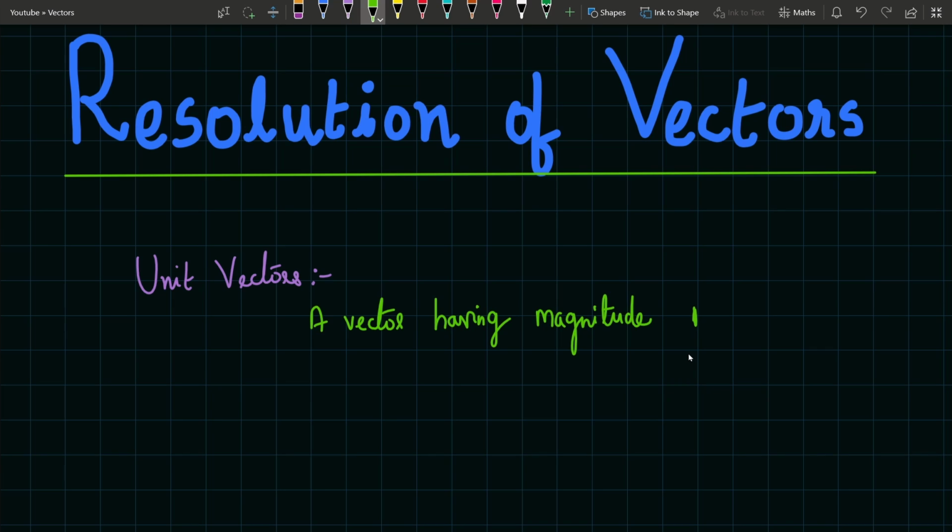If I want a vector of magnitude 5, if I multiply 5 to this unit vector in that direction, won't I get a magnitude 5 vector in that particular direction? Yes, I will get. So basically you can scale this unit vector to produce any vector in that particular direction.